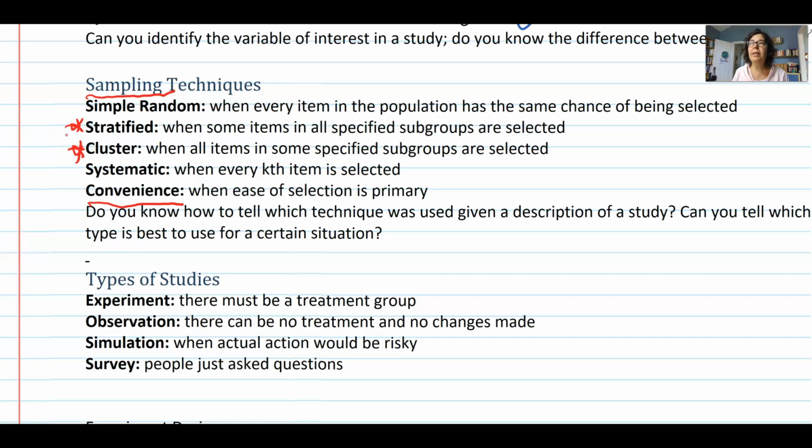Or I'm dividing Wake County into their professions, like teachers, doctors, dentists, nurses, librarians, and I'm taking 5 from each stratum, right? Cluster, okay, the keyword in cluster is all, right? And you're taking it again from some specified groups, but they're not homogeneous.